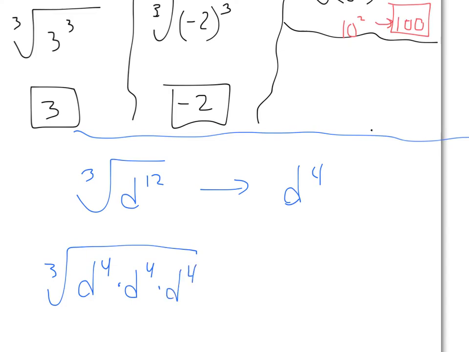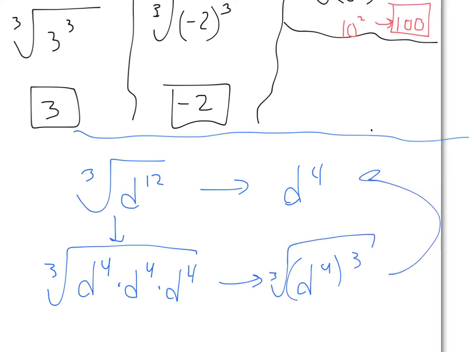D to the 12th is really d to the 4th, d to the 4th, d to the 4th. And that is really d to the 4th cubed, all under a cube root, which gets you back to the answer that we got. So either you can take the exponent divided by the index if it divides evenly, or you can write it out like this and show that that works. That make sense so far?